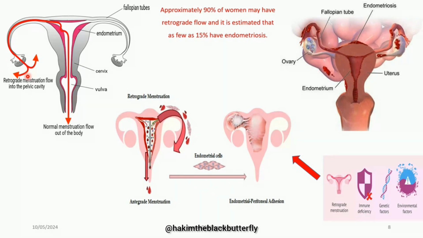We know that menstrual blood has to flow downwards, in the anterograde fashion, but in approximately 90% of women, it's possible for this blood to flow in a retrograde fashion, enter the tubes and spill into the pelvic cavity, or you can say into the peritoneal cavity.